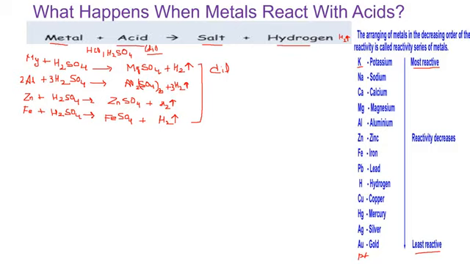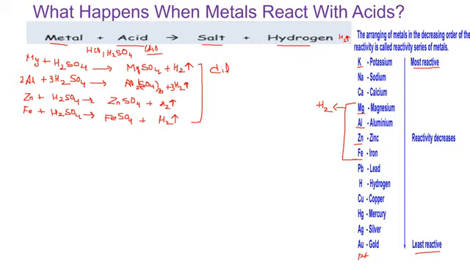Now in these four reactions, which one is the fastest, in which hydrogen gas is liberated more? You can see where magnesium is, then comes aluminium, then zinc, and then iron. So definitely the reaction will be very fast and hydrogen gas will be released in the form of bubbles, right?